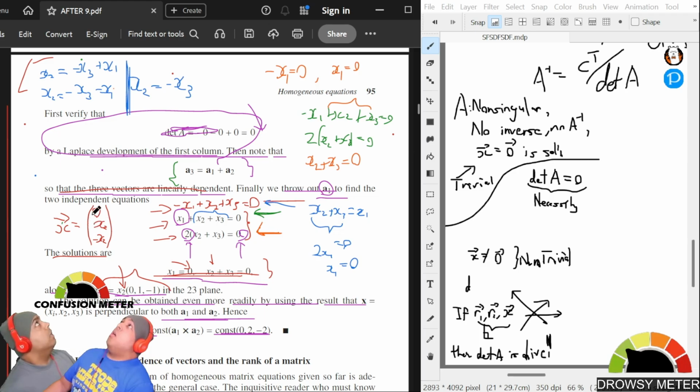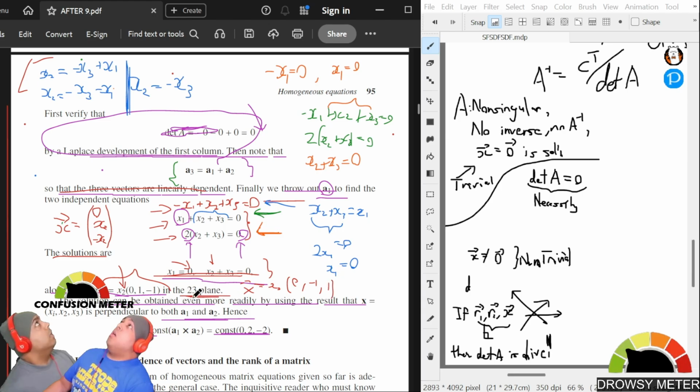Anyways, you can just factor out the x2 to get this. Another solution is x equals x3 times (0, minus 1, 1).